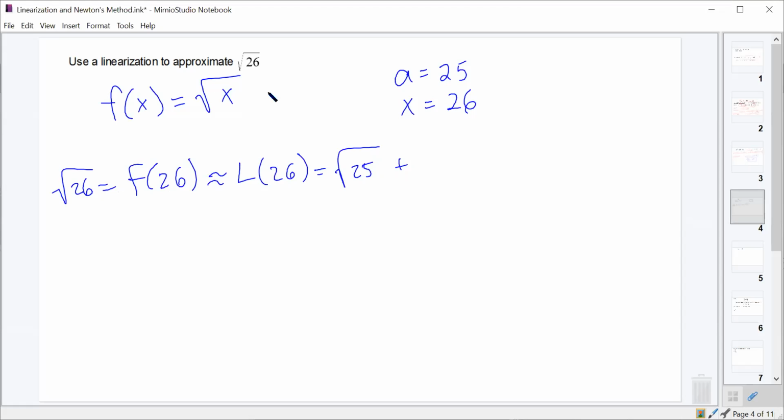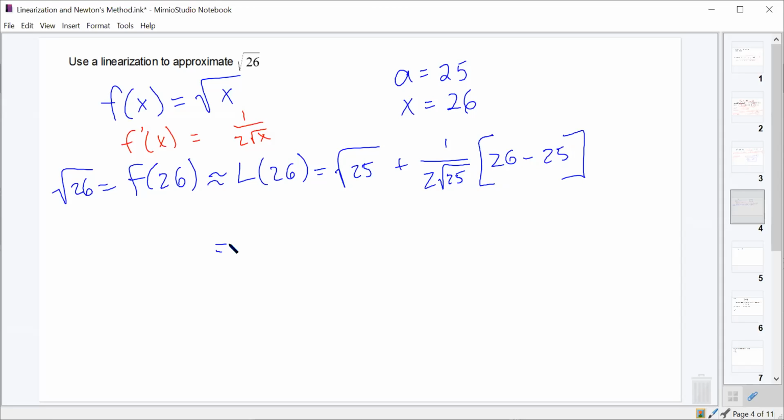So now what's the derivative of f of x? F prime of x is 1 over 2 root x. And so we have the square root of 25 plus 1 over 2 times the square root of 25, and f of a plus f prime of a, times x minus a. Everybody good with that setup?